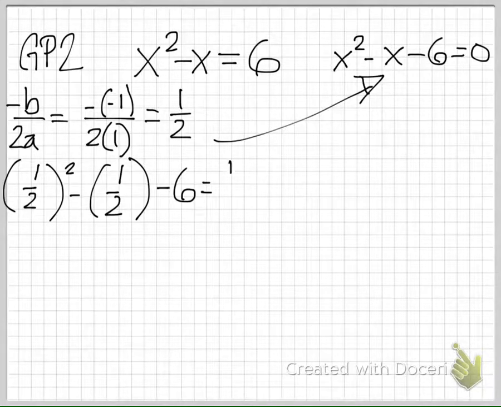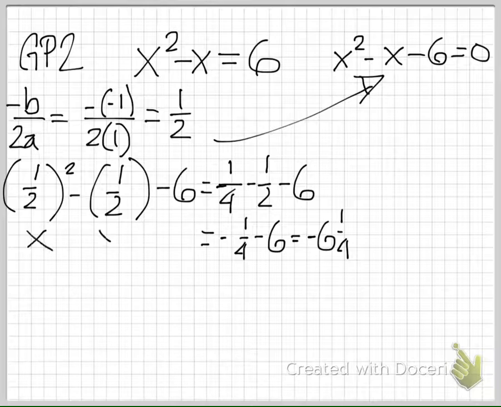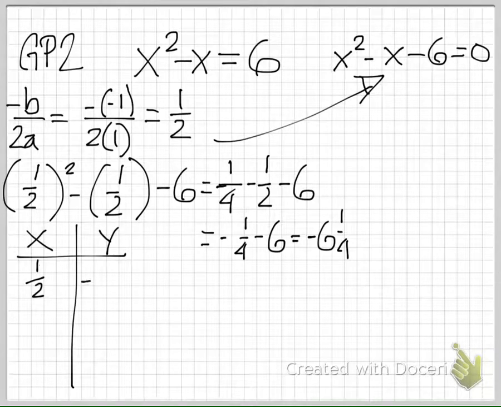That's going to be 1/4 minus 1/2 minus 6. 1/4 minus 1/2 is negative 1/4, and negative 1/4 minus 6 is negative 6 and 1/4. So the points for my vertex: x is going to be 1/2 and y is going to be negative 6 and 1/4.